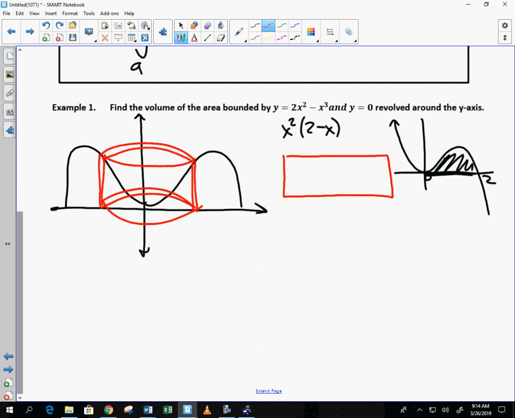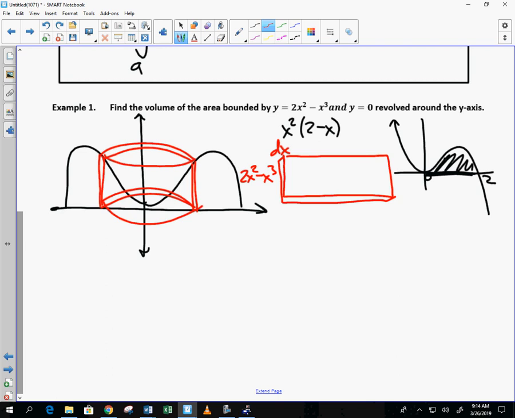I'm going to unravel this guy. Somebody want to tell me the width of that unraveled rectangle? dx. Love it. What's the height? Yeah, 2x squared minus x cubed.